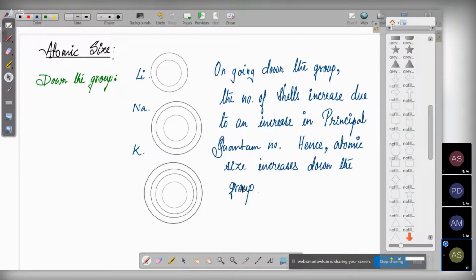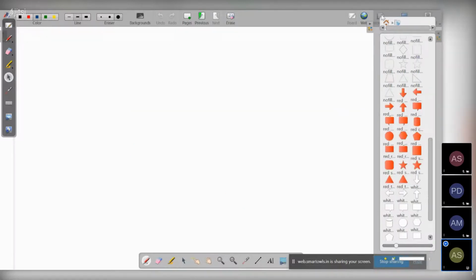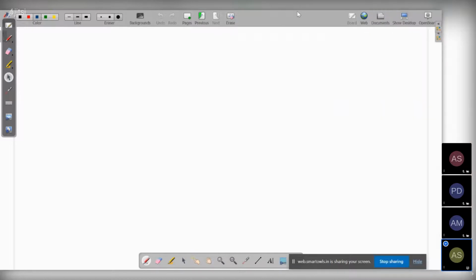Now, what will happen if you move across the period? Let's see. If I move left to right of a period, then that is technically called moving across the period. We will not write it as moving left to right of a period; rather, we will write it as moving across the period.